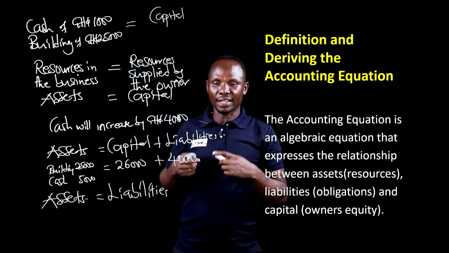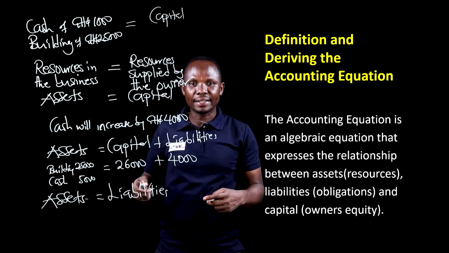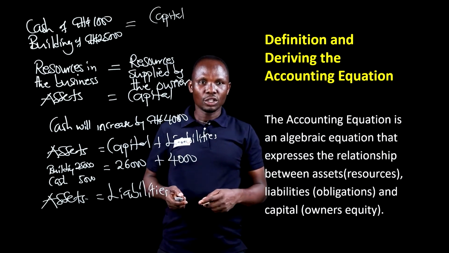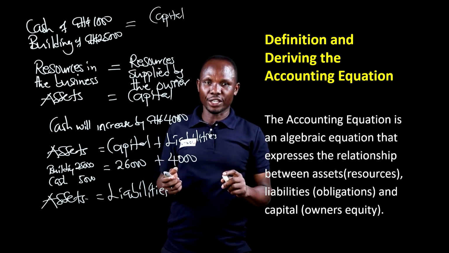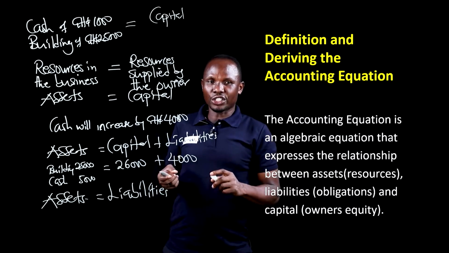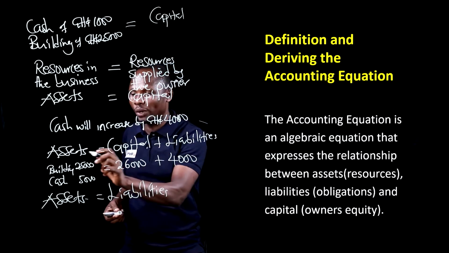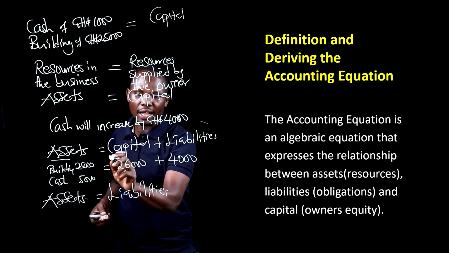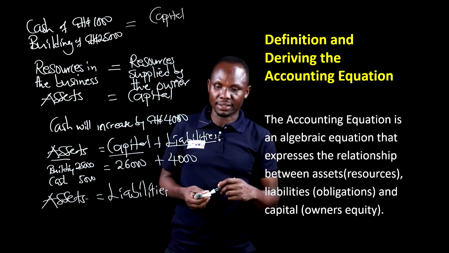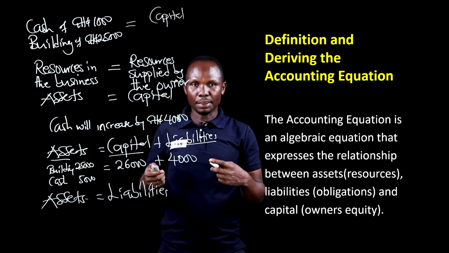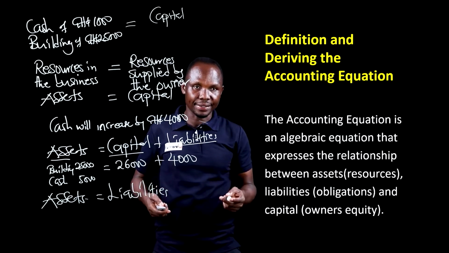Everything in the organization was provided by third parties. So the accounting equation, therefore, is an algebraic equation that expresses the relationship between assets, capital, and liabilities. And it says that asset is equal to capital plus liabilities.